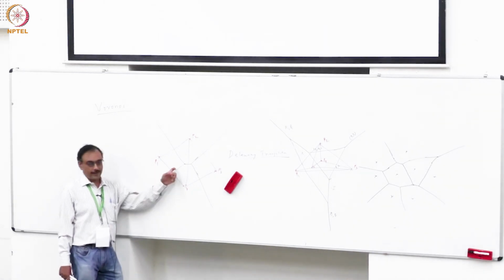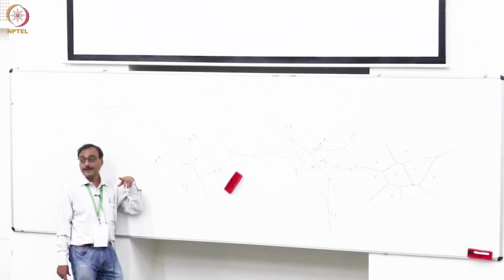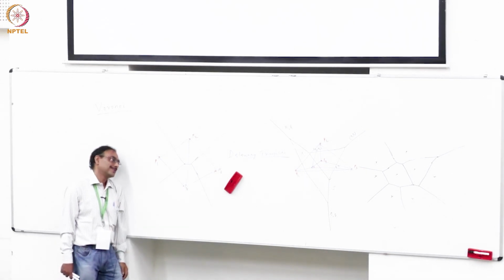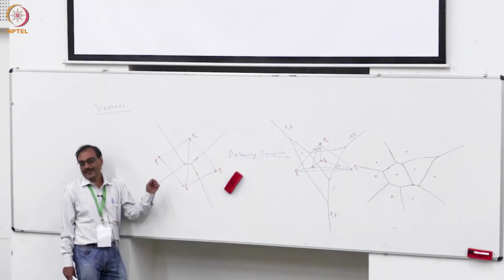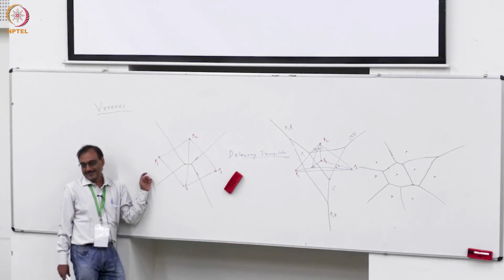For every Voronoi vertex there is a Delaunay Voronoi vertex or Delaunay vertex? Which one do you want to say?